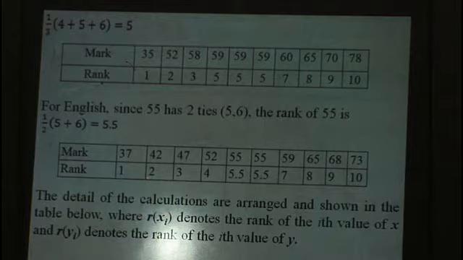We start from 37 being in the first position, 54 being in the 4th position, then 55, which should have been in the 5th position, has been substituted by the mean, 5.5. And the other 55, in the 6th position, has also been substituted by 5.5. Then we continue from 7 to 10.